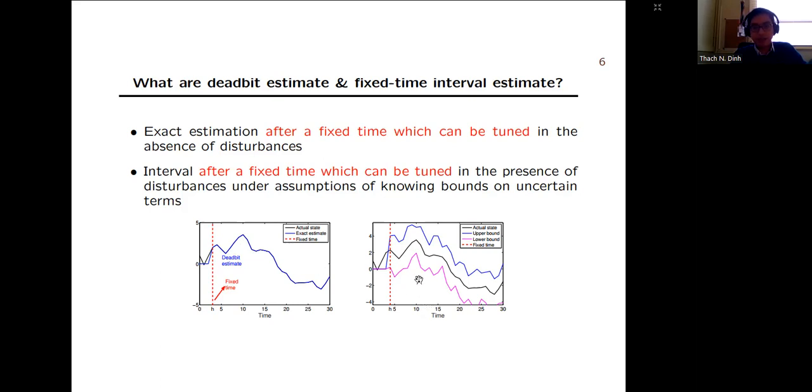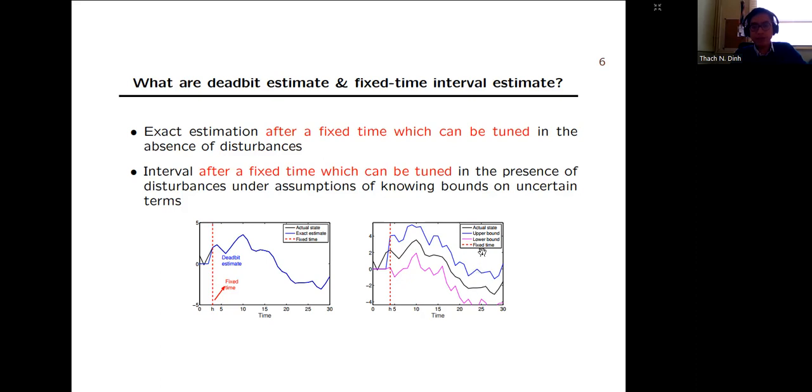And the fixed time interval estimate means that after fixed time S, we will build an upper bound and a lower bound as usual for the real state of the system in the presence of disturbances.